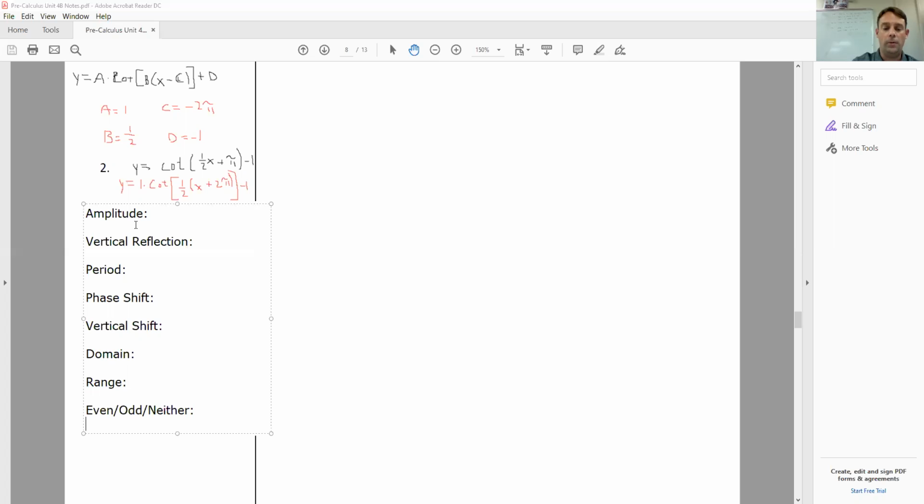And again, remember, there is no even on these. It can only be odd. And how can it be odd? It meets one of two different qualities. First of all, if it has an asymptote on the y-axis.